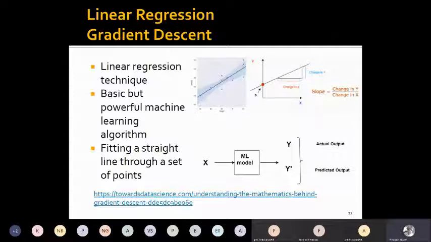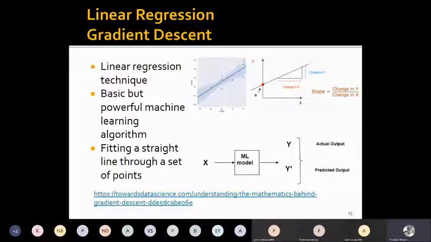So here I am using this particular website, which I find pretty good in explanation. You may also look at the web page, and the good thing is they have also discussed the basics of differential calculus before going into the detail.